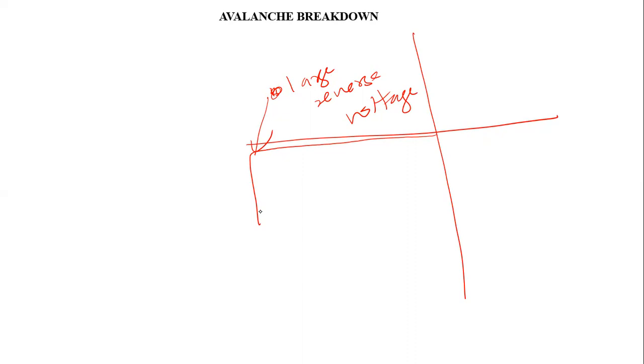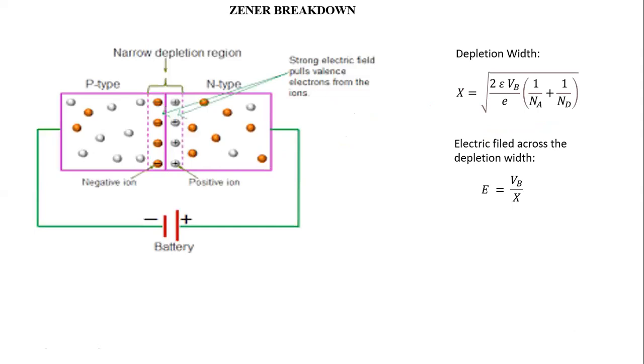Okay. Now, other than this avalanche breakdown, we also have what is called a Zener breakdown. Zener breakdown is a phenomenon which occurs under controlled conditions usually, and this is also intentional, we can say.